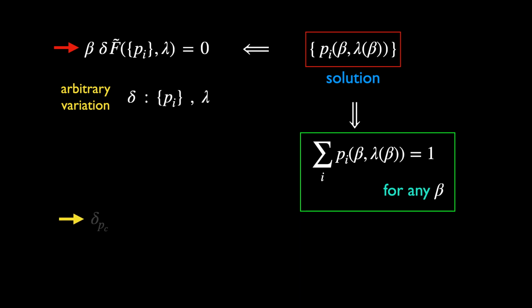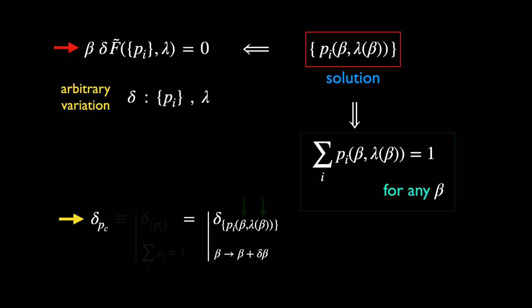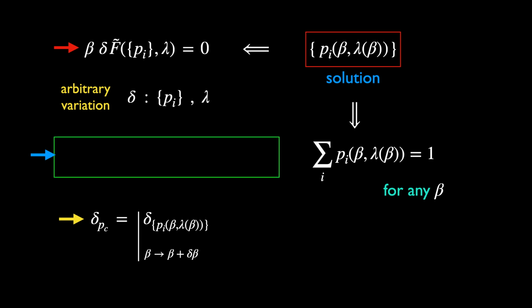Therefore, we could implement the constraint variation through the variation of beta in the probabilities. This variation is taken around the beta value that is set as a parameter in the problem. And as we have shown earlier, f tilde and f are equivalent under the constraint variation.